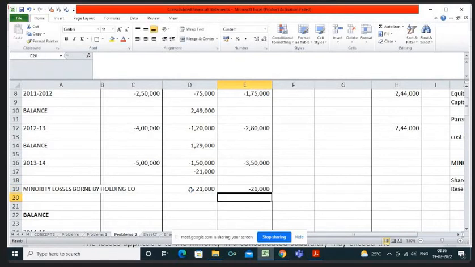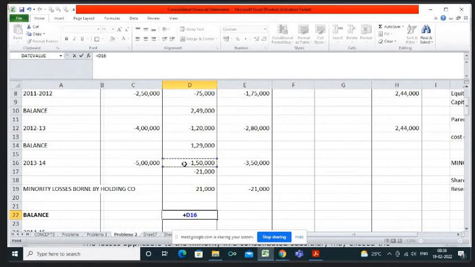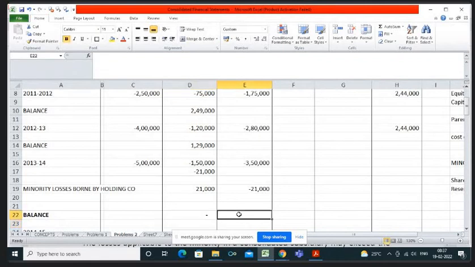We will be getting minus 21,000. So what will be the balance at the end of the year? Minority interest will be 0, because minus 1,50,000 plus 1,29,000. The minority interest remains as 0.